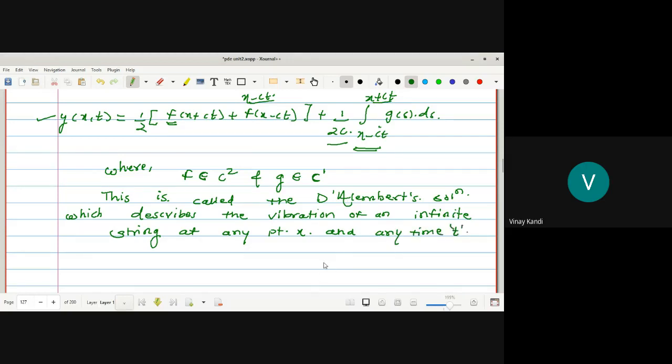Okay, any doubt? So this is the solution of the one-dimensional wave equation.